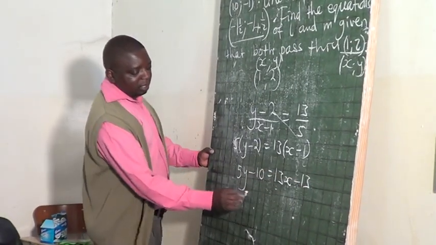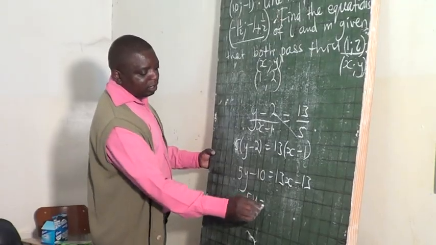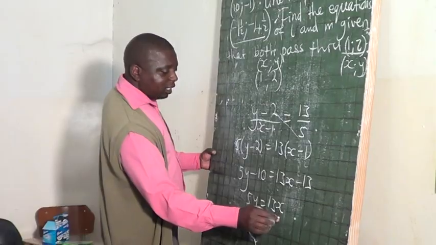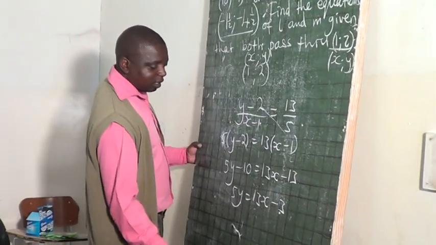So 5y is equal to 13x minus 13 plus 10, which is 13x minus 3.